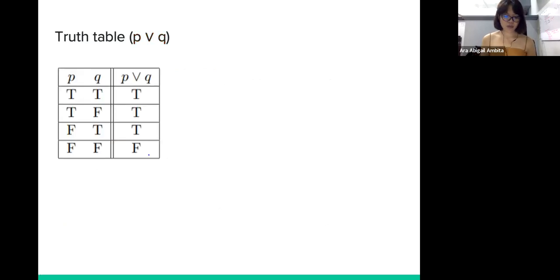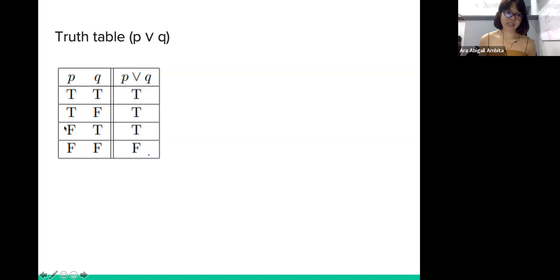Okay, so this is the truth table for disjunction P or Q. As mentioned, we have two variables P and Q. The P can either be true or false. And the Q, given that the P is true, could either be true or false.